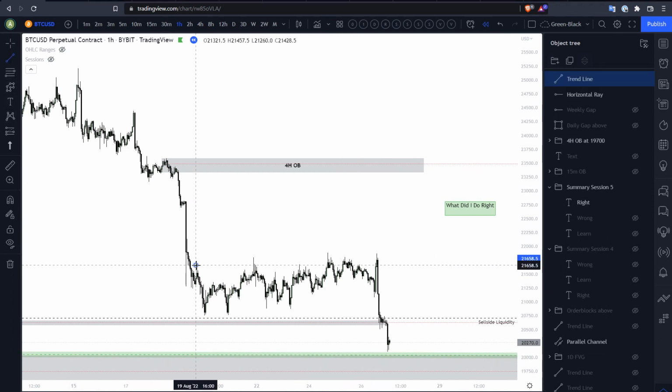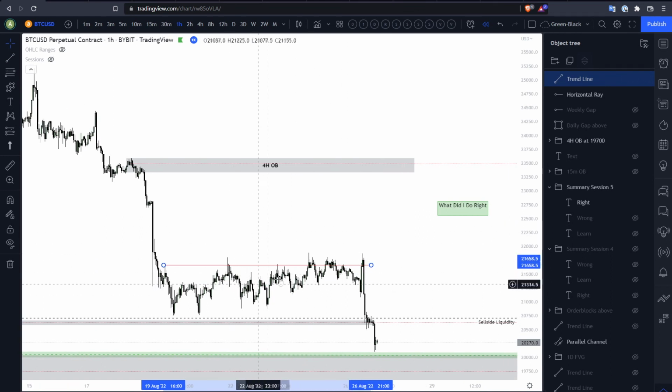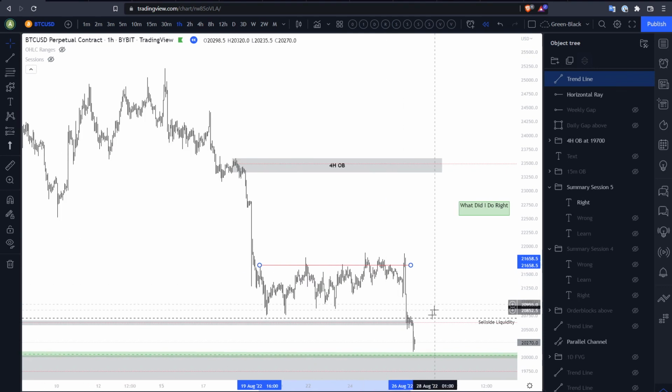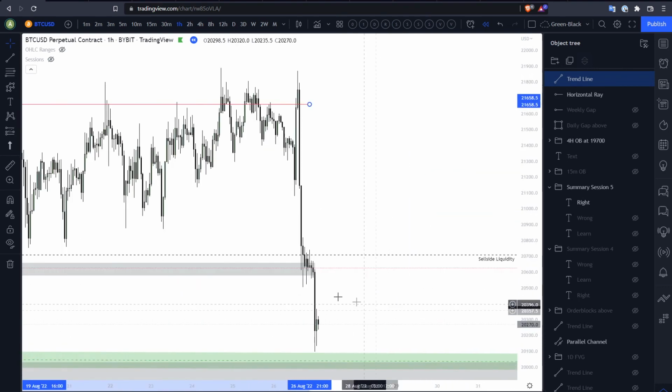So yeah, it was prudent to look for shorts in this area. On my second setup here, yeah, indeed the price dropped into this area and spent a few hours here at least.